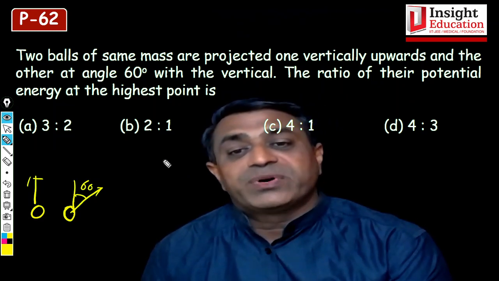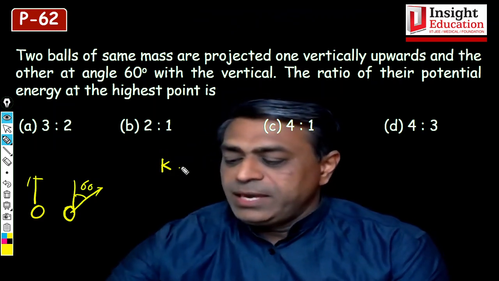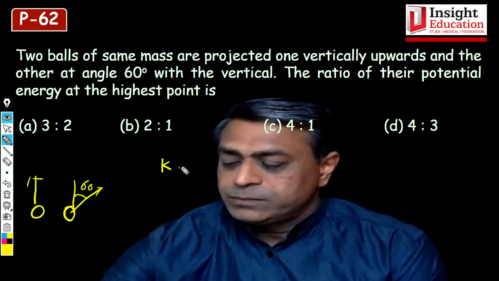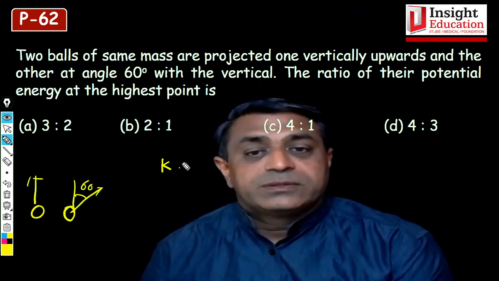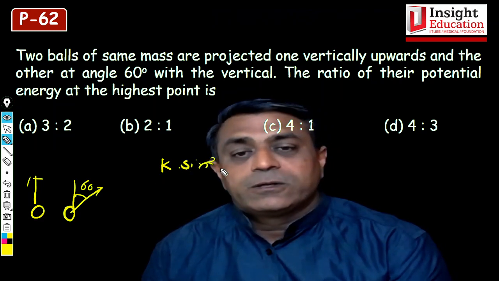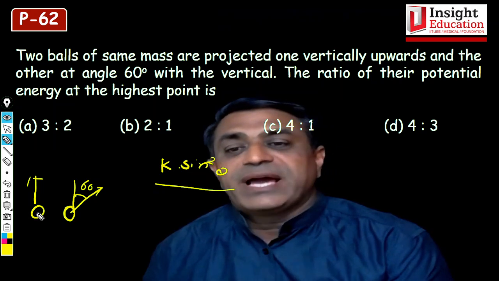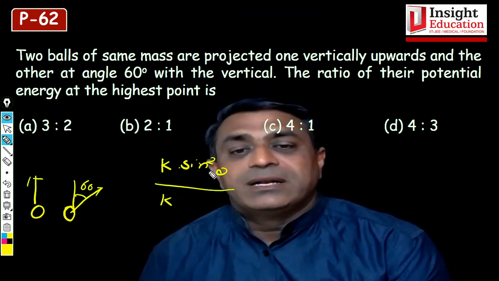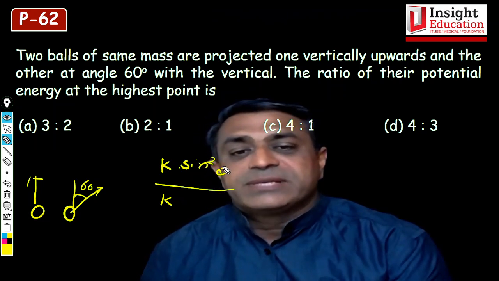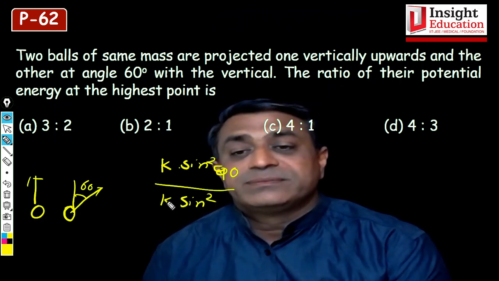We have already discussed that the potential energy at the highest point is K sine square theta. Suppose the initial kinetic energy K is the same, then K cancels. So in the first case sine square theta, I can write sine square 90. In the second case sine square 60.